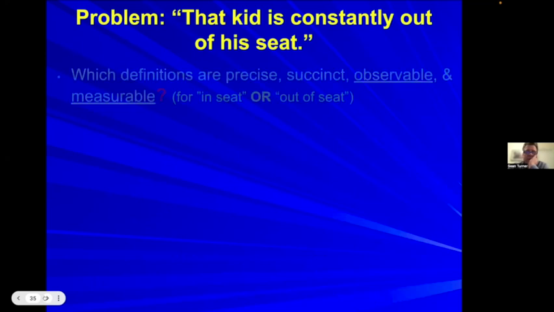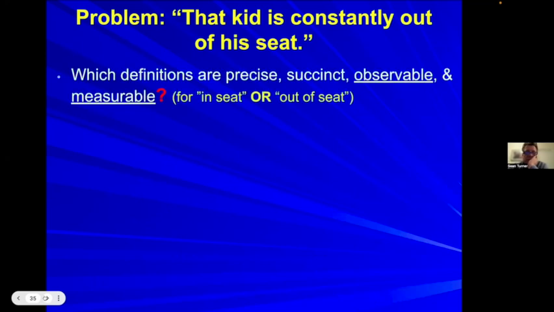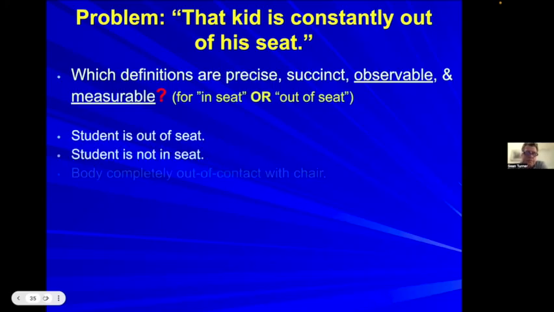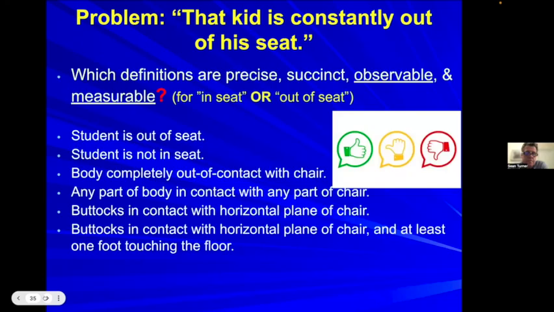Problem: the kid is constantly out of his seat. So which definitions are precise, succinct, observable, measurable for in seat or out of seat? Put some of those into the chat.